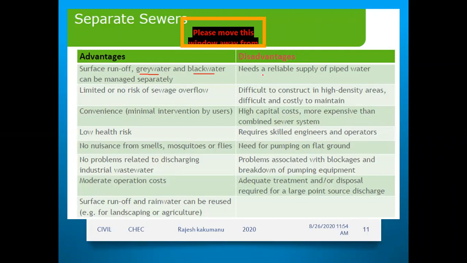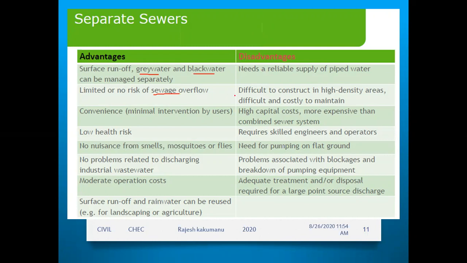Right. Whenever the work is more, automatically the machinery, tools and materials are also more. Next, limited or no risk of sewage overflow. Because whenever you are using such separate systems, overflow is less.